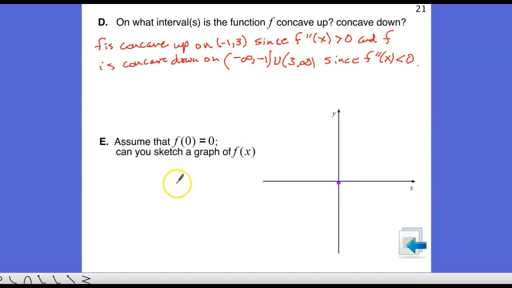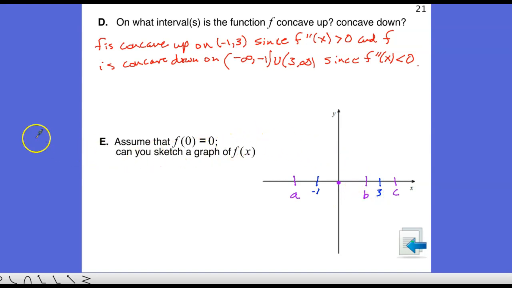Okay, well, here's what we're going to do. We're going to begin by laying out the critical values for f. So that was A, it was B, and it was C. Now I'm also going to put in the critical values for f prime, which were our points of inflection. So we had one located at -1 and another located at 3.